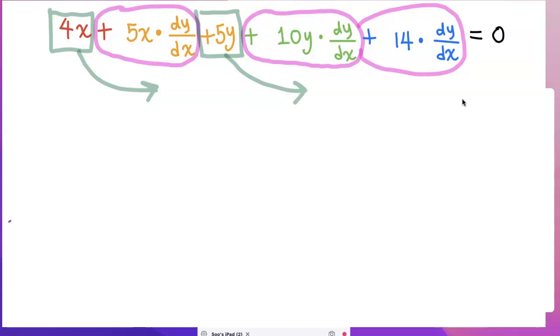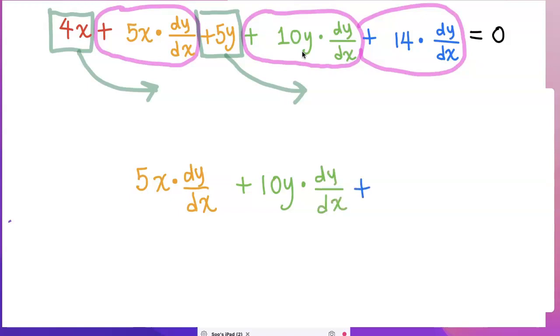So here's what I have left. I have this 5x times dy/dx. What's next? This one moves. So I have now plus 10y times dy/dx. And lastly, I still have that blue plus 14 times dy/dx.